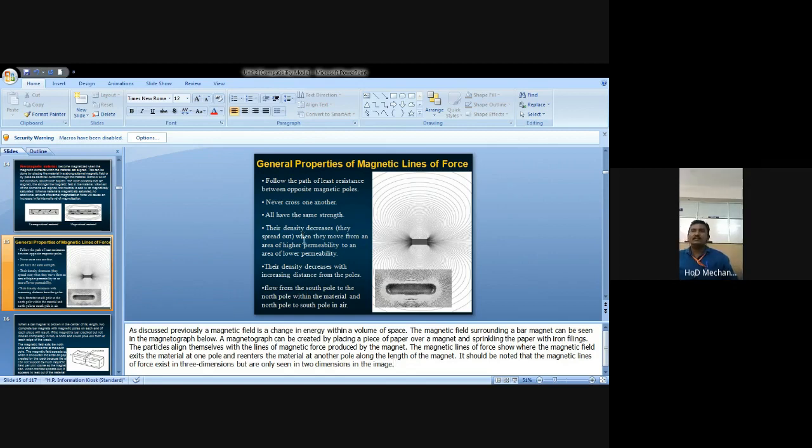Their density decreases when they move from an area of higher permeability to an area of lower permeability. Their density decreases with increasing distance from the poles.